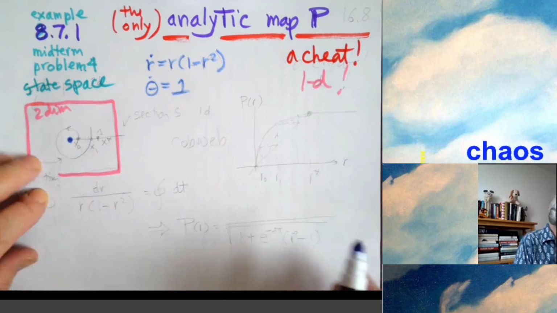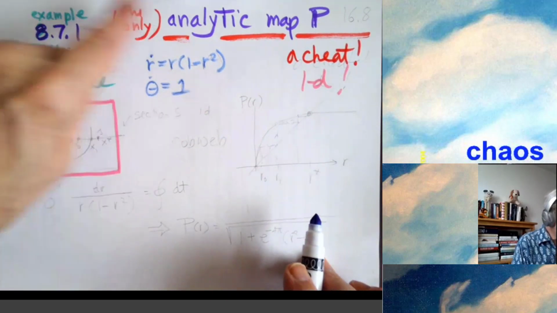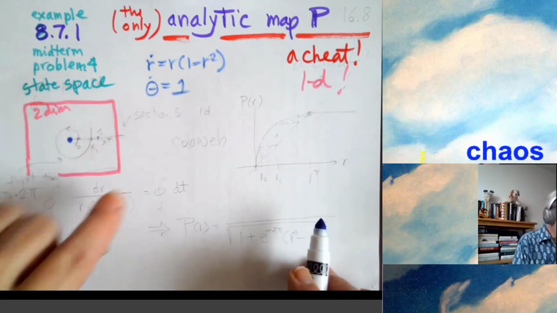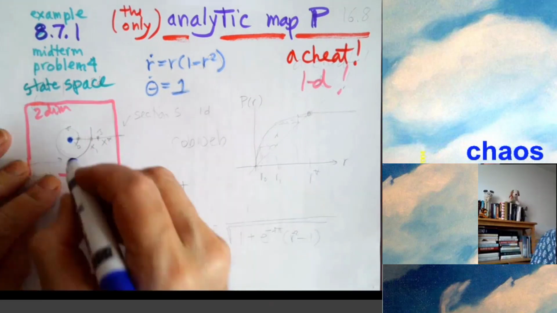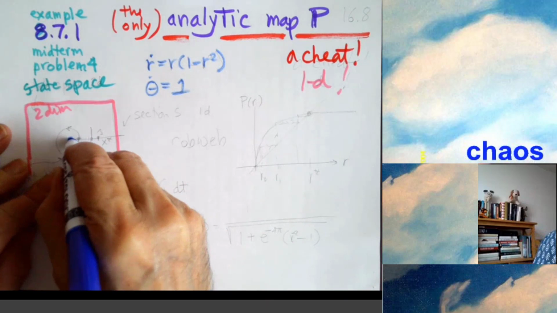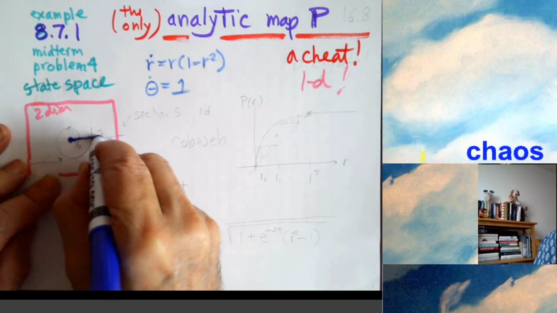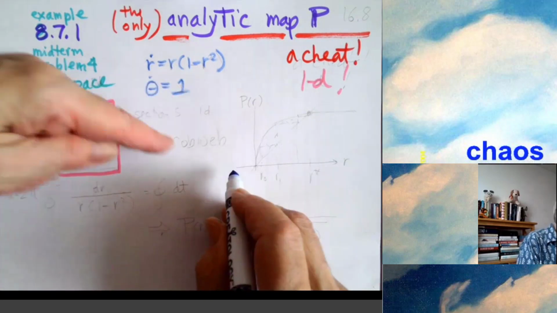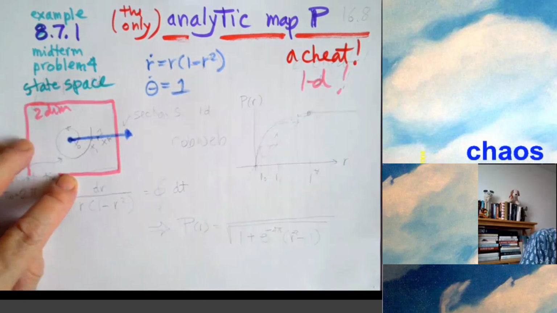And indeed, what we can do, we can forget that we are moving in theta and just look at the system where theta is 0 or a multiple of 2 pi. So that's this line here. So I pick out one particular radial direction.